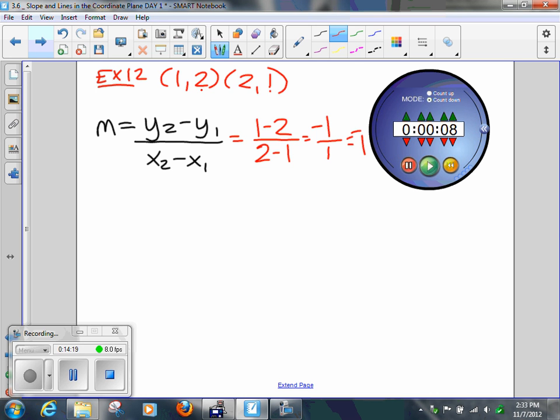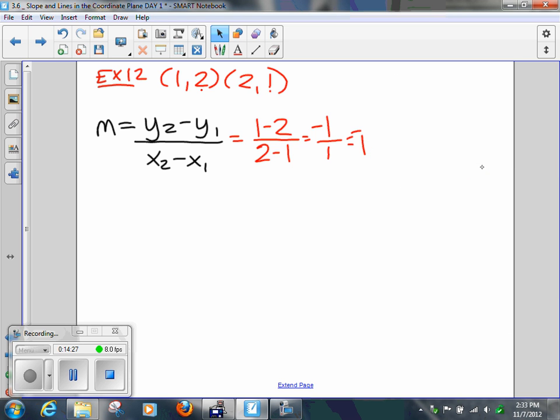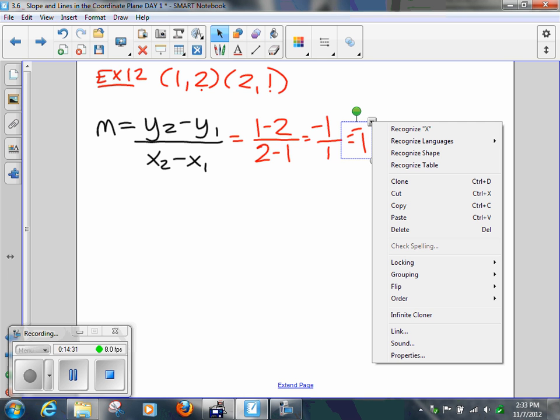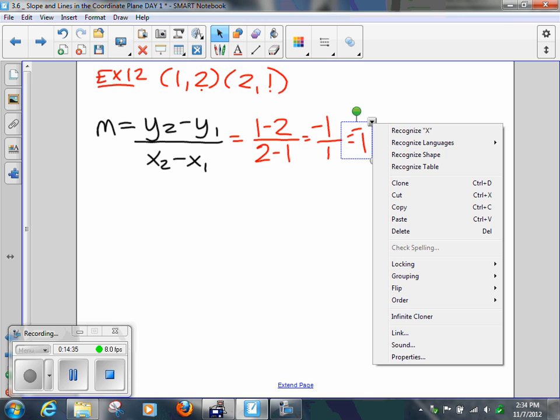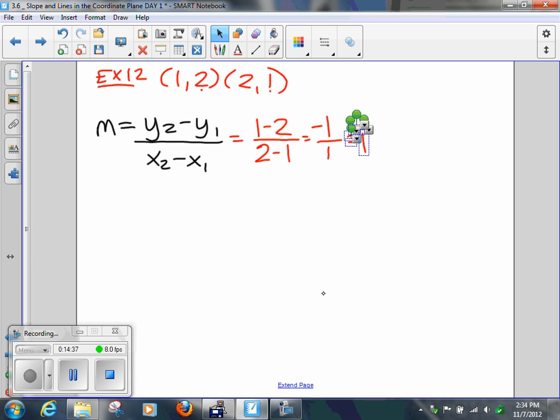How many of you got negative 1 as your slope? Hands up. Very good. All right. Now, pick a point.